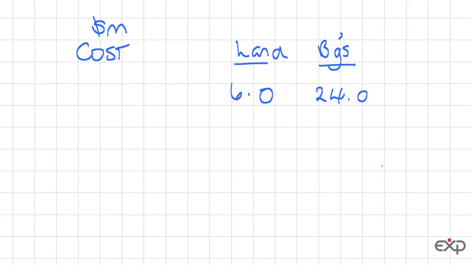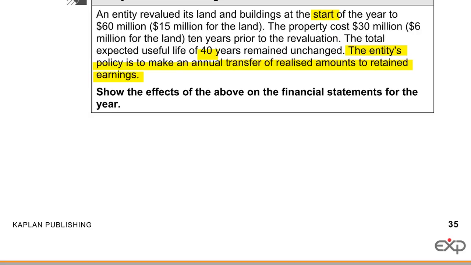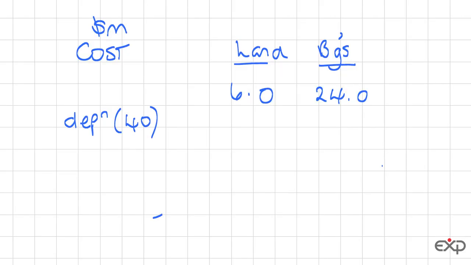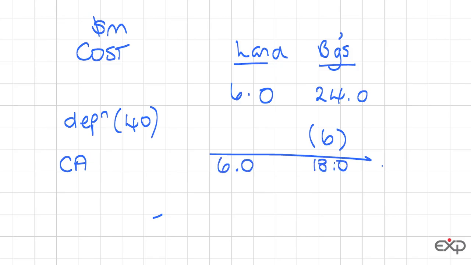We're then told that this is depreciated over a 40-year period. Now, if we look at when we bought this 10 years ago before we revalued it, therefore 10/40ths or 1/4 would have been depreciated to date. So at the beginning of the year, carrying amount would have been 6 and 18.